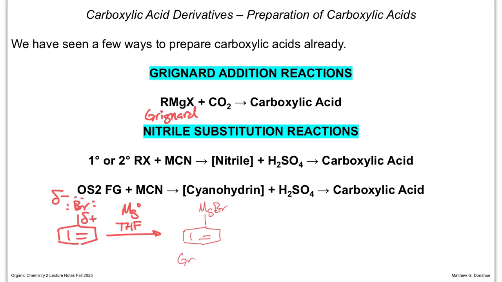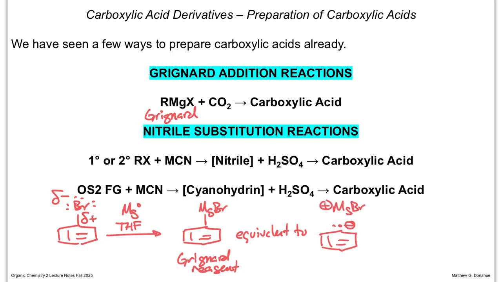And so that was a Grignard reagent. So the reactivity is equivalent to this, where that carbon is now negative. It started delta positive, it's now negative, so it's a nucleophile.